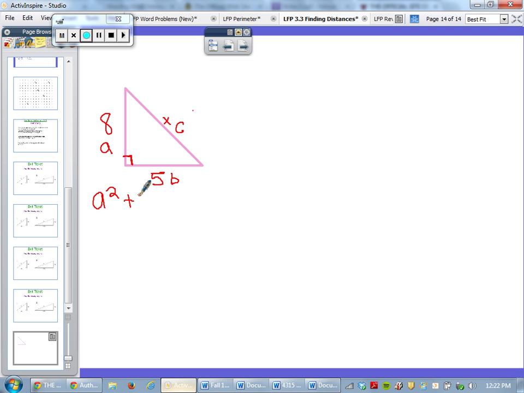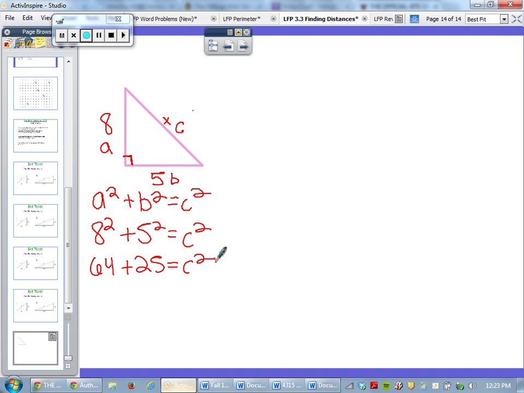So we know that it's a squared plus b squared equals c squared. Next thing we need to do is plug in our values to replace our variables. So a was 8, so 8 squared plus 5 squared equals c squared. 8 squared is 64, 5 squared is 25. And so if we add those two together, we're going to get 89 equals c squared.